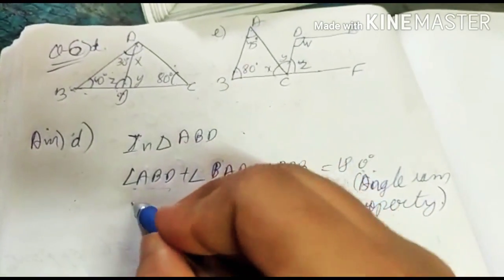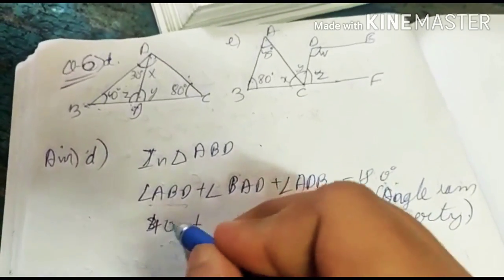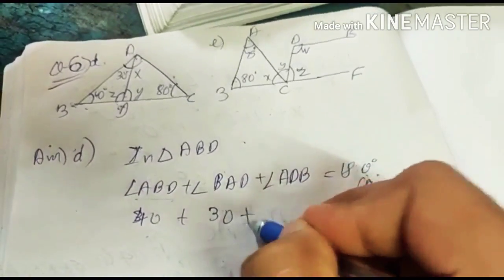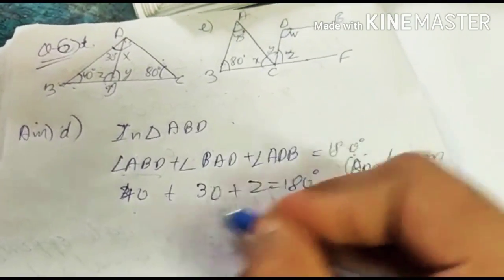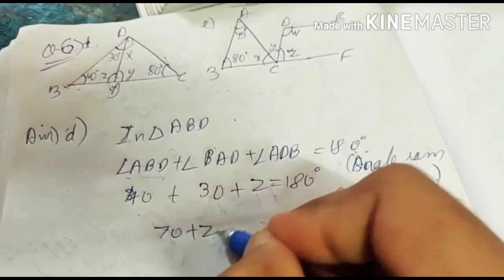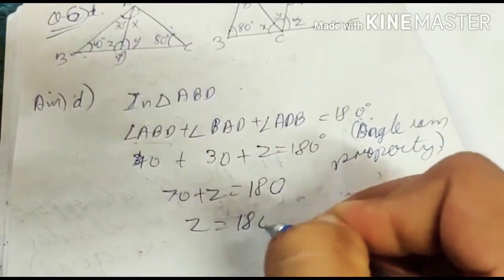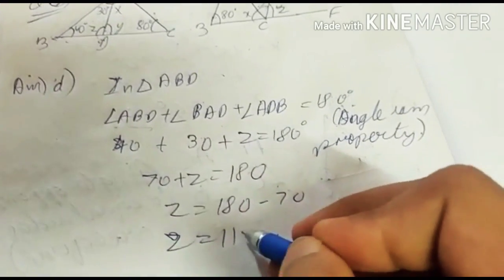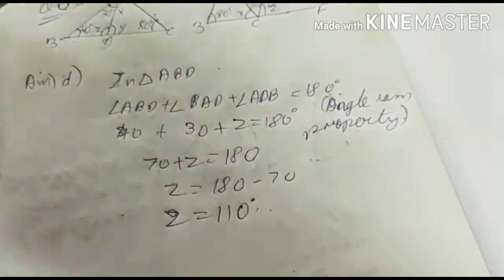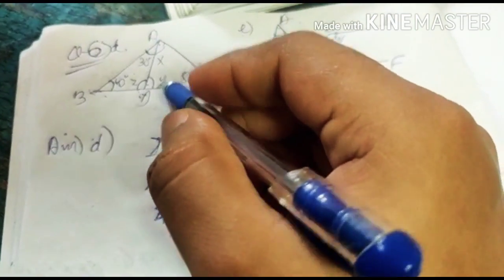So this is 30 degrees, sorry, 70 degrees plus z degrees equals 180 degrees, z equals 180 minus 70, z equals 110 degrees.